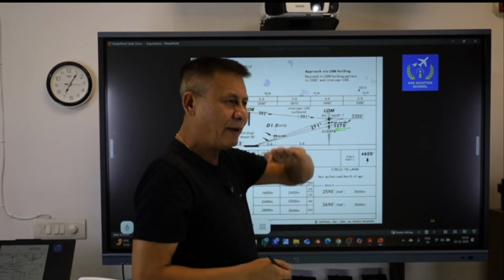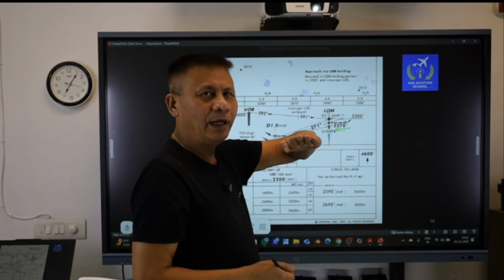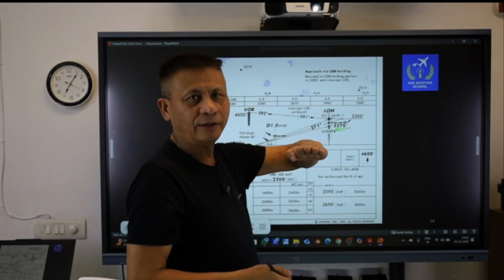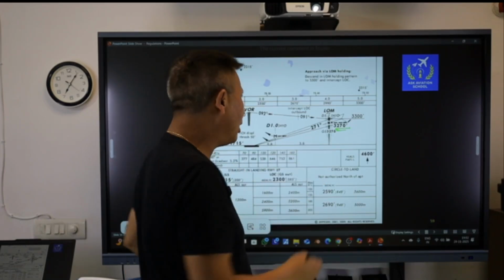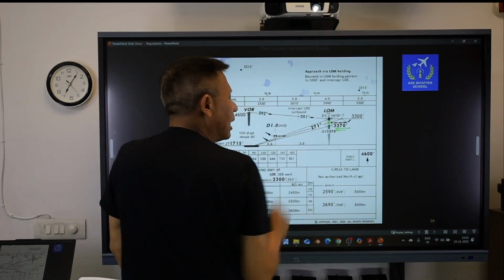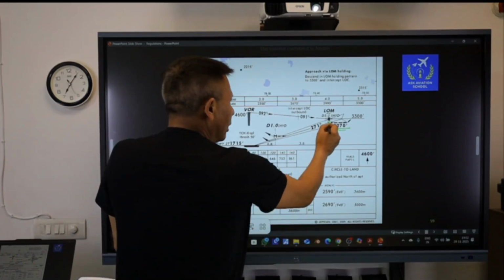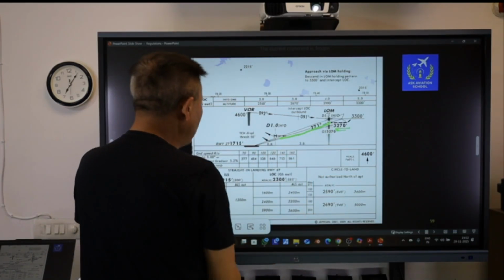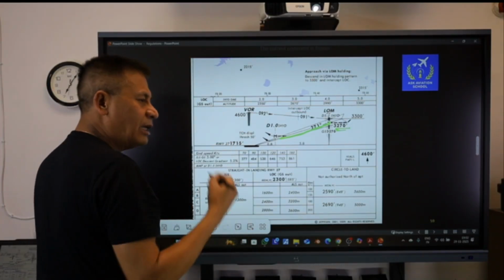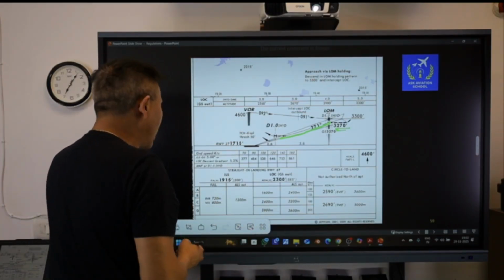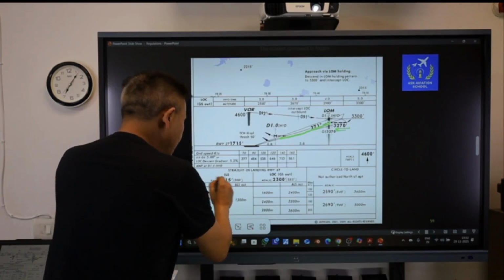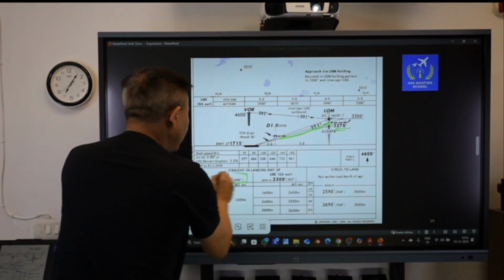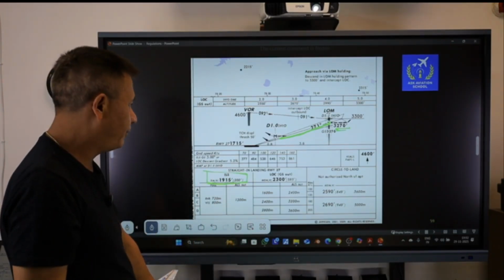At this point of time, my ILS indicator will actually be at the center. From here onward, I will follow the guidance from the ILS, continue on a track of 291 till the time I reach the minimum altitude, which we call the DA or the DH, which is 1915 feet.